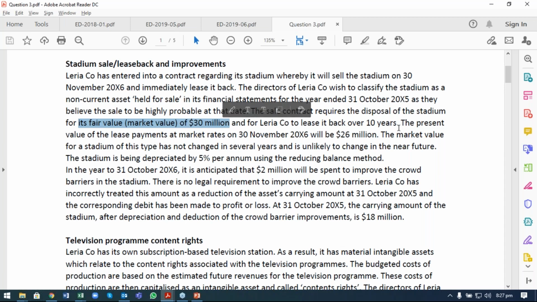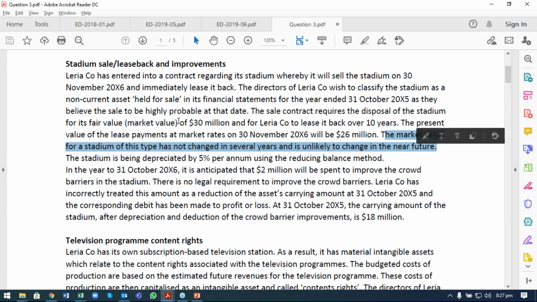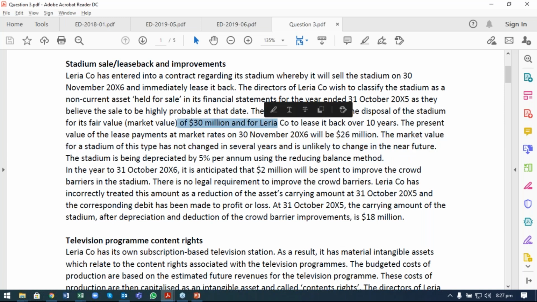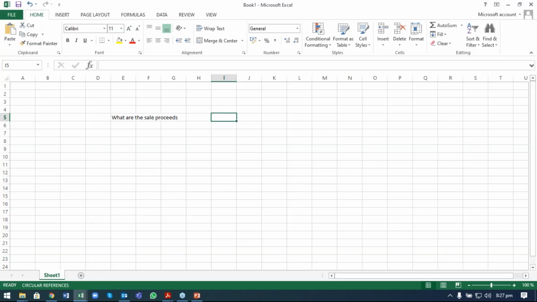So you have been given another statement here. The market value for a stadium of this type has not changed in several years, and it's unlikely to change in the near future. It means this 30 million is the market value that would remain the same after another year, right? So I'm considering the sale proceeds on the future date when the contract was actually involved was 30 million.